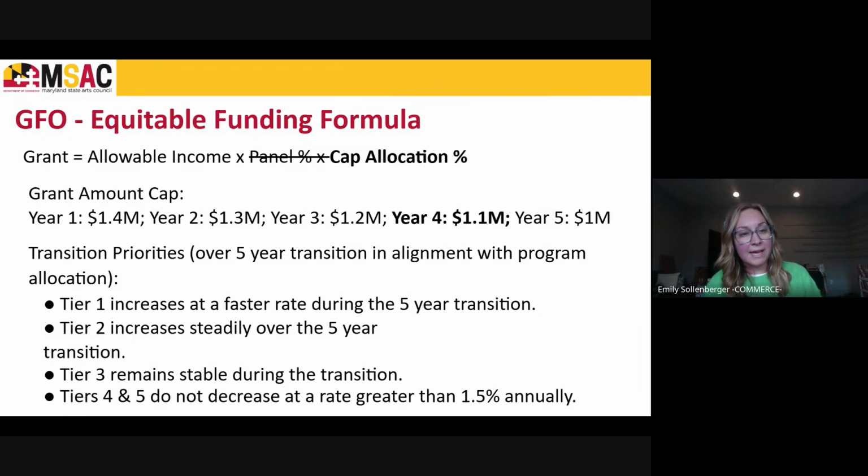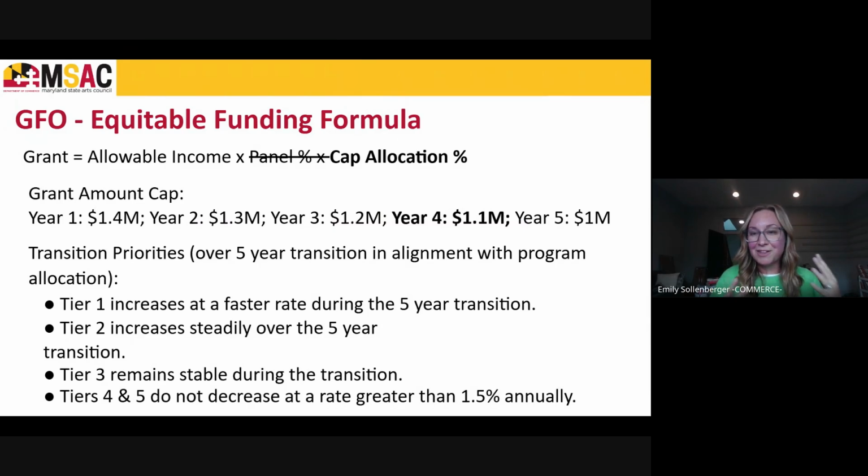Tier 2, we're looking at increasing their cap allocation percentage over the course of 5 years. Tier 3, we're looking at keeping your cap allocation percentage about the same or stable. And tiers 4 and 5, those are our largest organizations. We're actually looking to decrease their cap allocation percentage, but not at a rate that's greater than 1.5%.